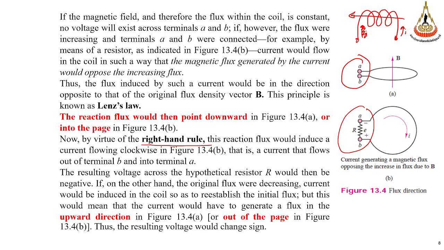Or if we supply the current in this direction, the magnetic field will be in this direction also. The relation is in compliance with the right hand rule. You have learned about this, right? So this part will go a little bit fast, but we will have time to talk about the magnetic circuit.